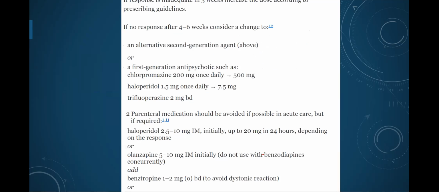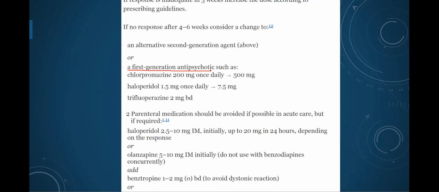Now the medication. If you want to start medication in a schizophrenia patient, we have antipsychotic medication, first generation and second generation. First generation are no longer used as a first line treatment. First generation causes a lot of side effects. Your first generation are chlorpromazine, haloperidol, trifluoperazine.